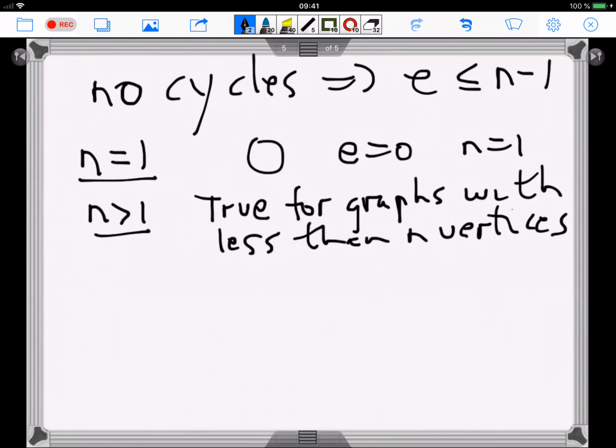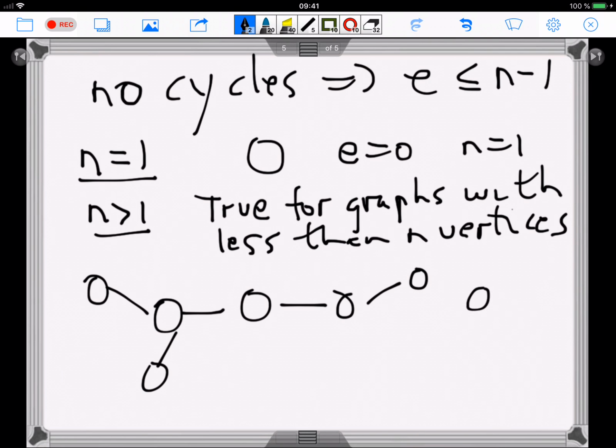In this case we know that the graph does not have cycles, so it will have some vertices here, here, maybe another one here. It does not have to be connected, so we can have something like this. What we are going to do is consider what happens if I remove one of the edges.